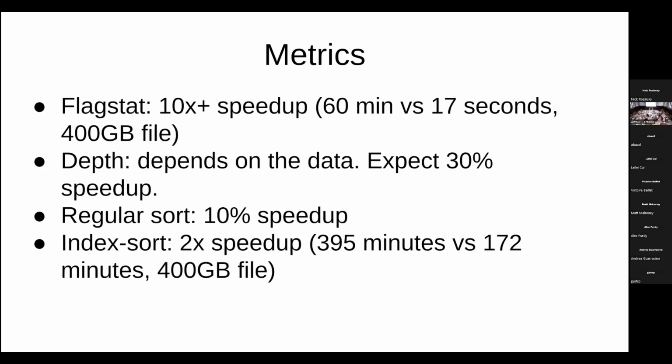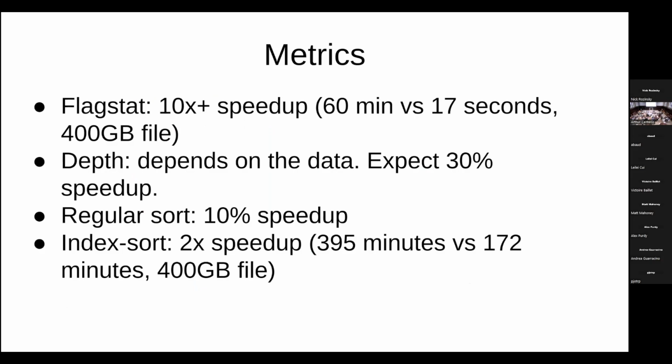And about the metrics, we re-implemented a few SAMtools routines based on GBAM. These routines are read depth, flagstat, and sorting, and all of them showed a significant speed up, mainly due to much reduced amount of the data processed.